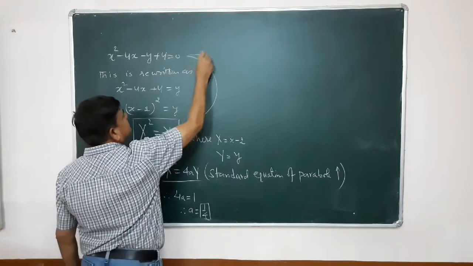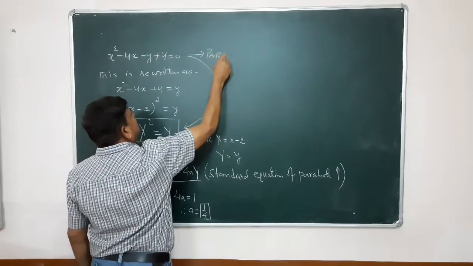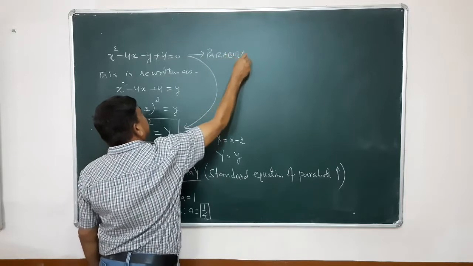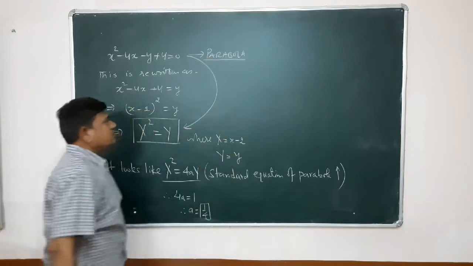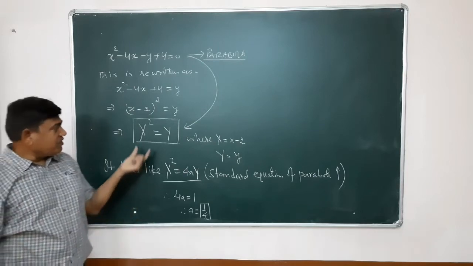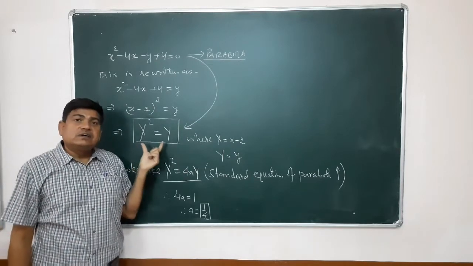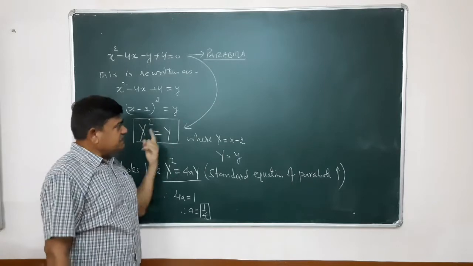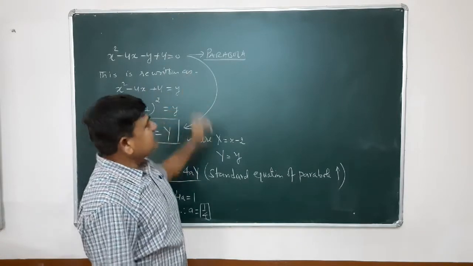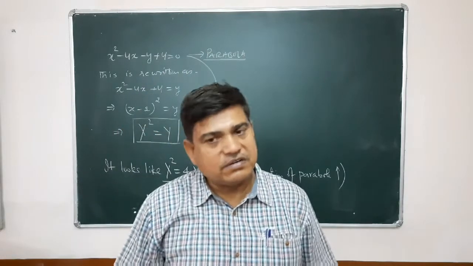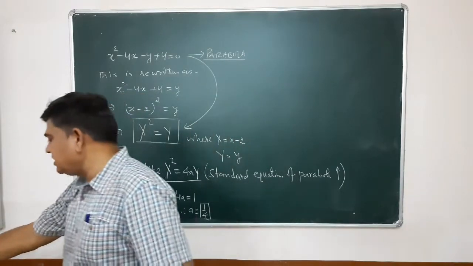Now we remember all the members of this particular form, then we will find the respective members and we will draw a graph of this one. So let us see.